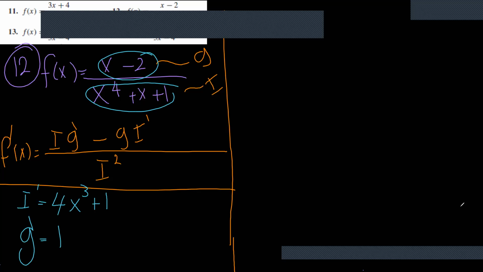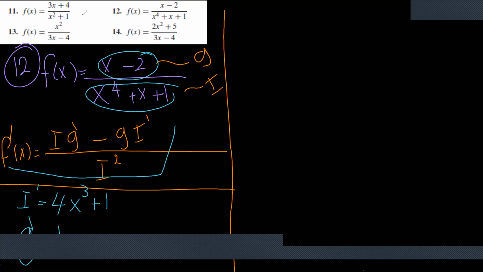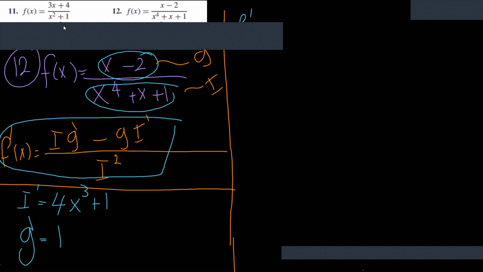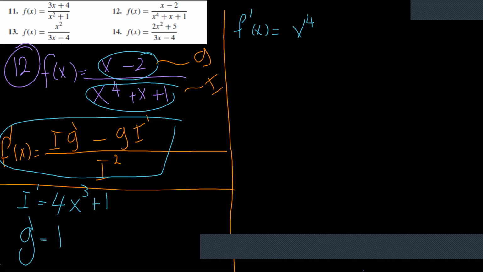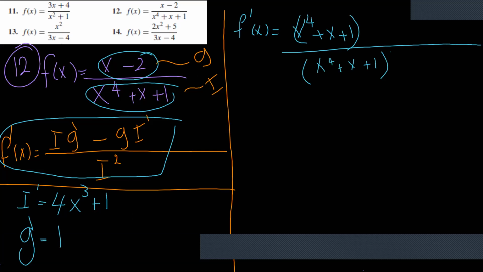Using this one, I will say now f prime of x is h. Where is h? It is x raised to the power 4 plus x plus 1, which is h, and down I will write it also down squared.